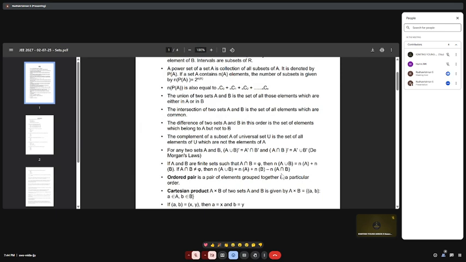Therefore, we subtract it once so that you don't double count. So n of A union B is equal to n of A plus n of B minus n of A intersection B.